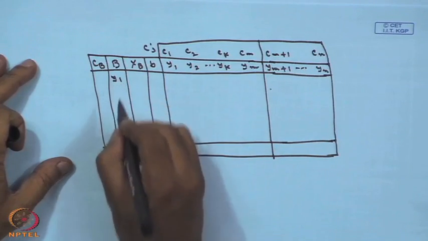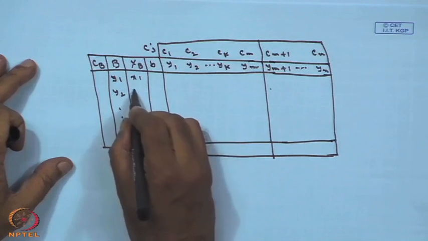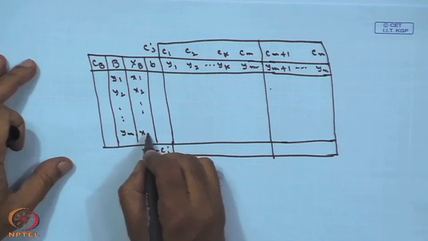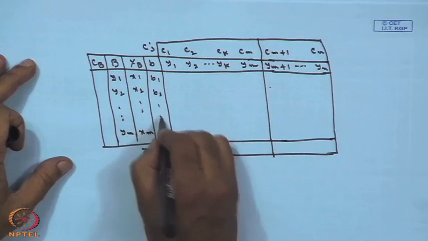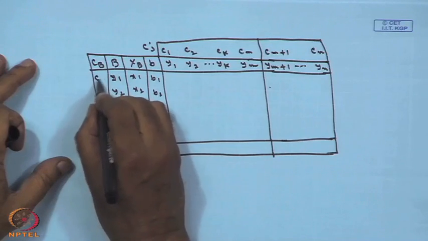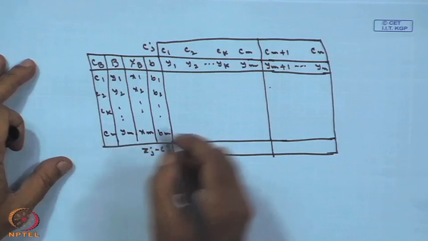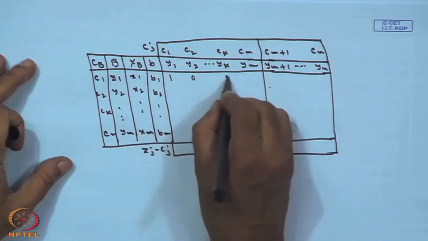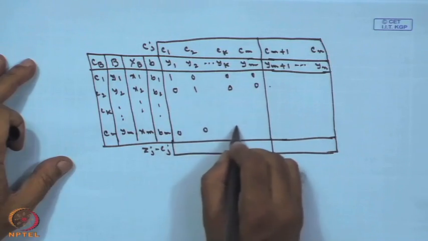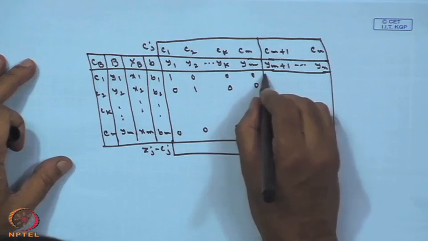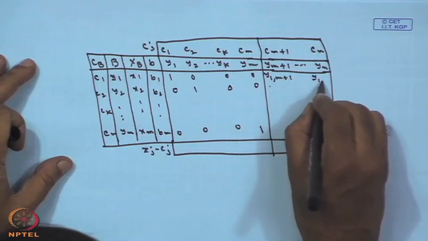Here you have y1, y2, ym in the basis. So you have x1, x2, like this way, xm. Your b values are b1, b2, like this way, bm. So C1, C2, you have say Ck here and Cm. For convenience I have written it as identity. If you see 0, 0, 0, this is 1. Here some values are associated, y1 m+1 to y1 n.